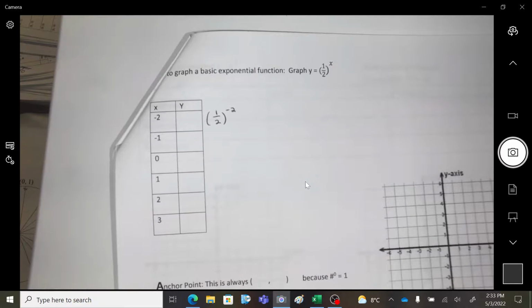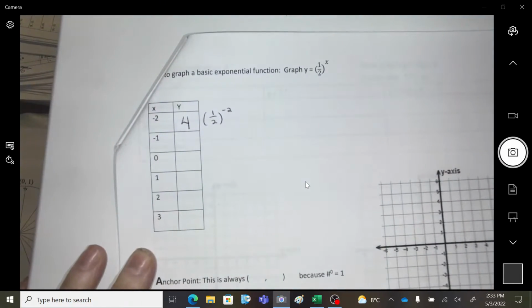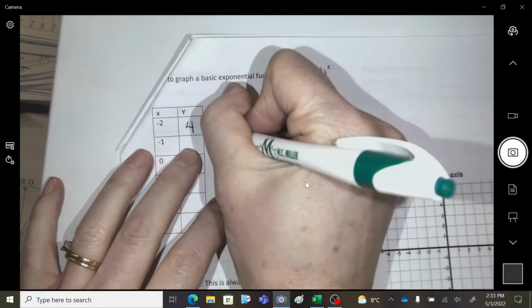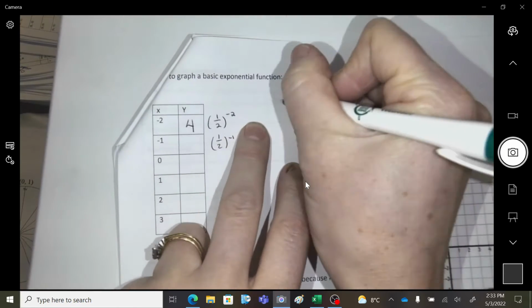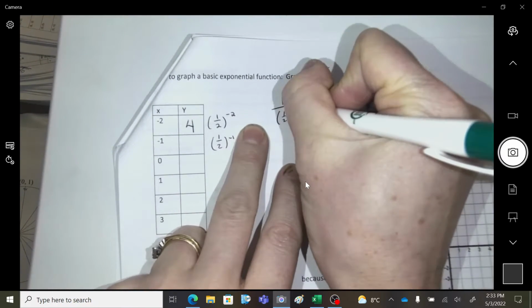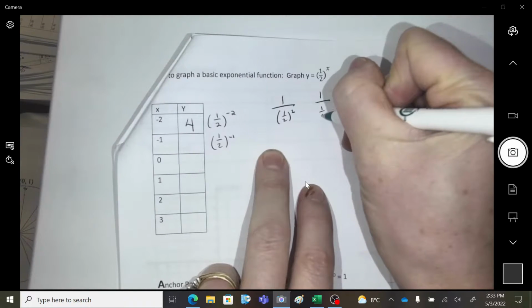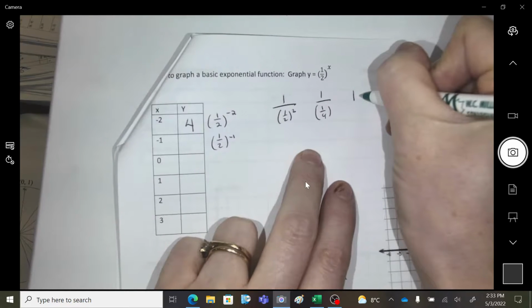What would it turn back into? 4. Because it flips and then goes squared, right? It's like 1 over 1/2 squared, which is like 1 over 1/4, which turns into a 4.